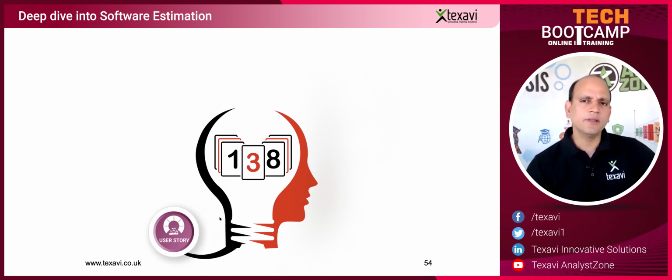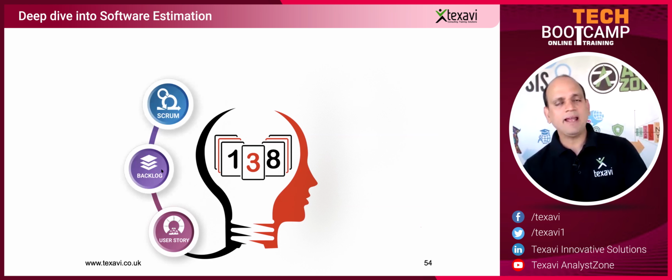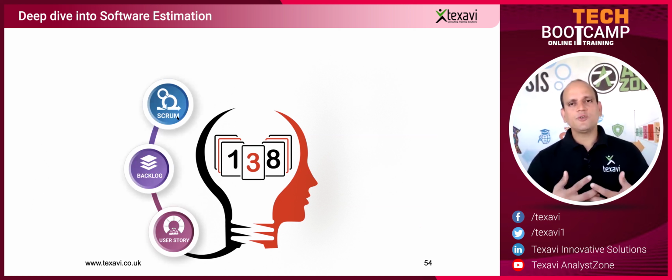So the best tool that you can use for the requirements when it comes to the planning poker is a user story. And then you also obviously need to understand the user stories are not just standing on their own. You actually put them in the context of a backlog, run them as part of the Scrum team. So that could potentially involve working with the product owners.